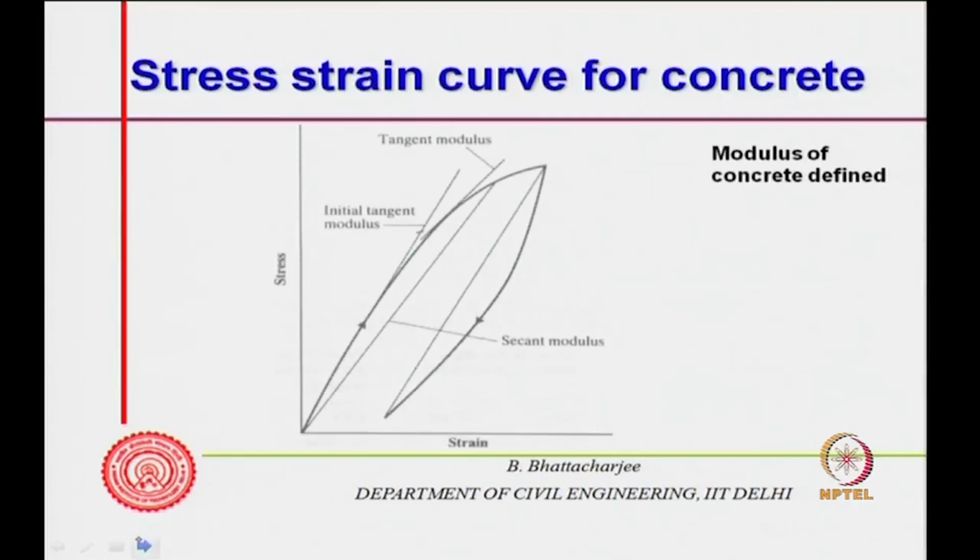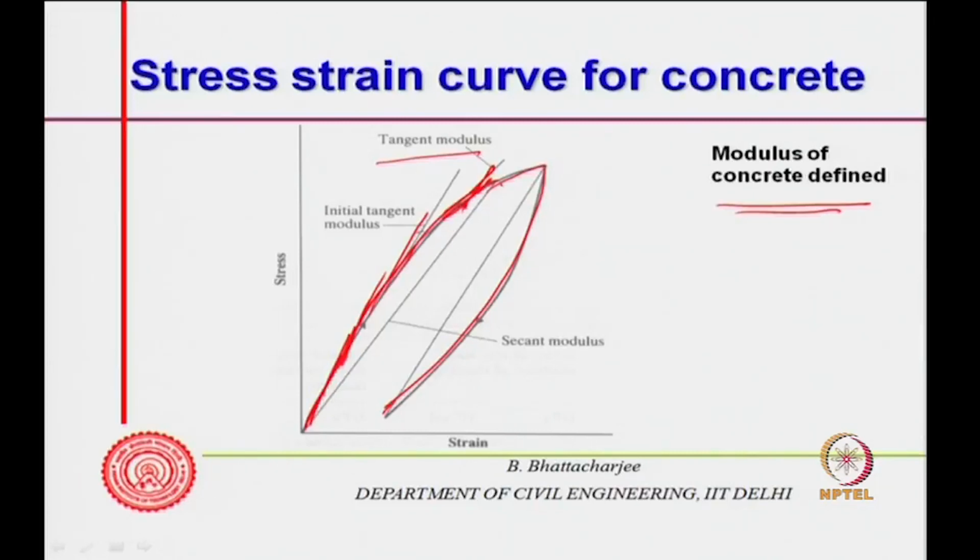Well, since it is non-linear, we have to define the modulus of concrete. Its behavior is something like this, and then it follows something like this. So, you define something called the initial tangent modulus. If you draw the tangent here, that is what we call the initial tangent modulus, but I can draw a tangent anywhere, that is called the tangent modulus at that particular load.